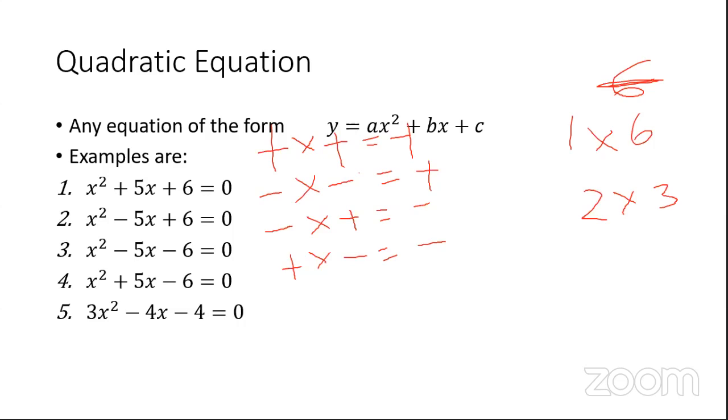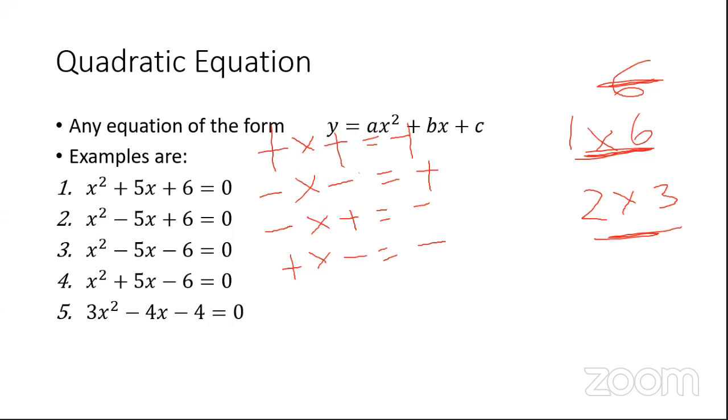So both of them work. But which one, when you add them together, will give you 5? If you look at this one, when you add it together, it will give us 7. But when you add this one together, it will give us 5. So that is the replacement that you are going to use.